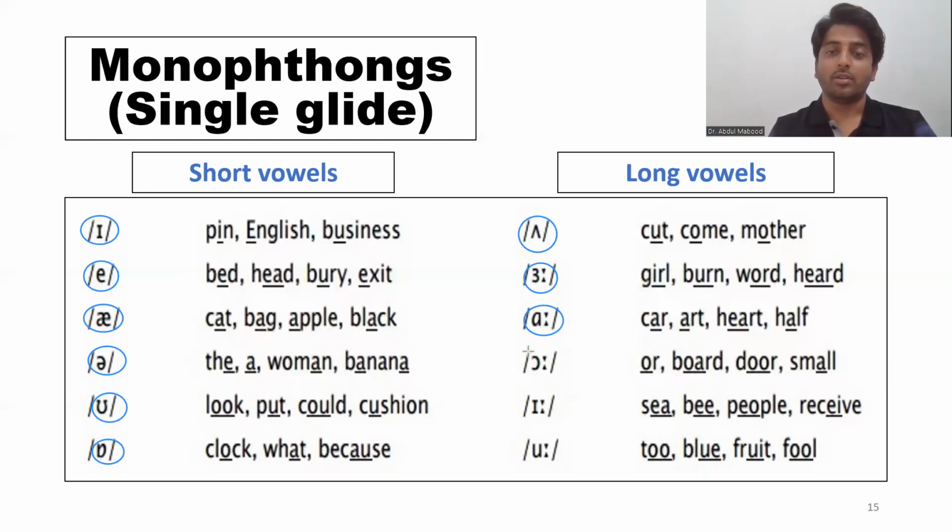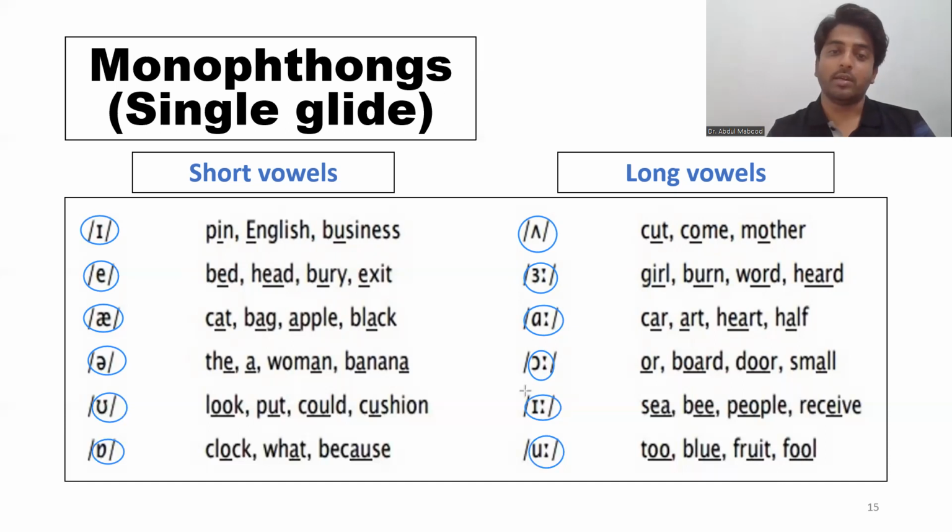Then we have the long vowel o: or, board, door, small. Then we have the e sound. Now you can see the distinction between I and E. Here for E: see, be, people, not people, it's people. Then receive. Then we have the oo sound like two, blue, fruit, food.